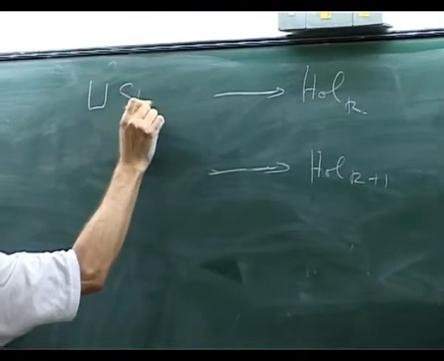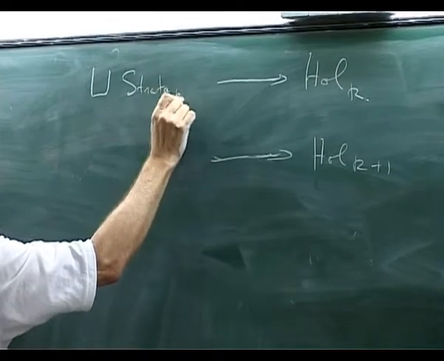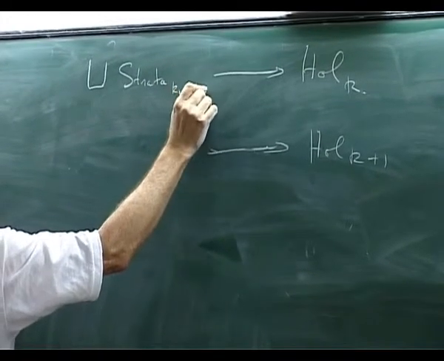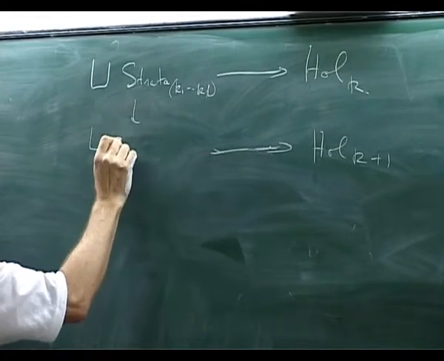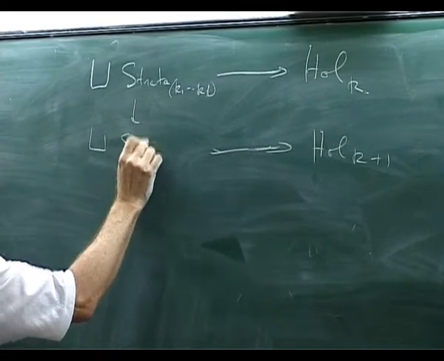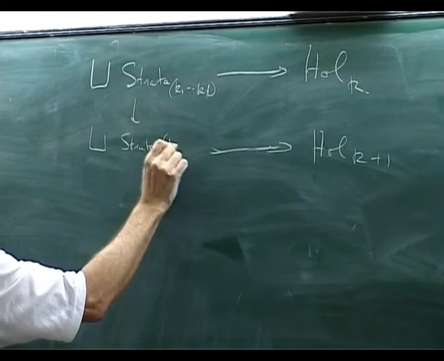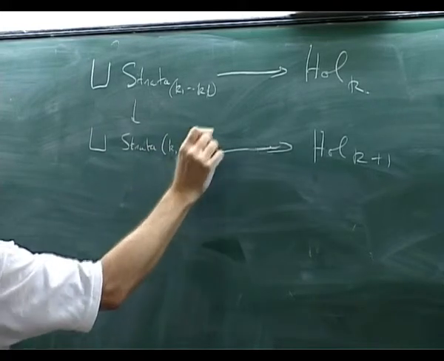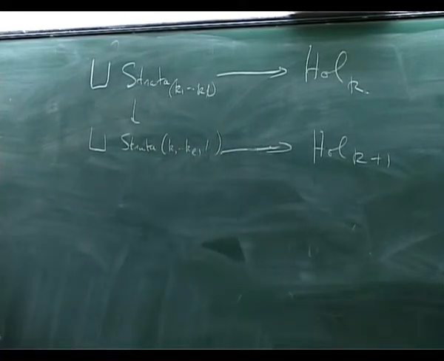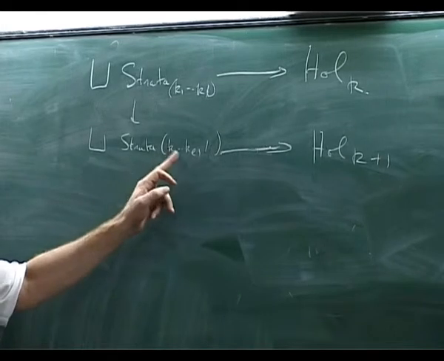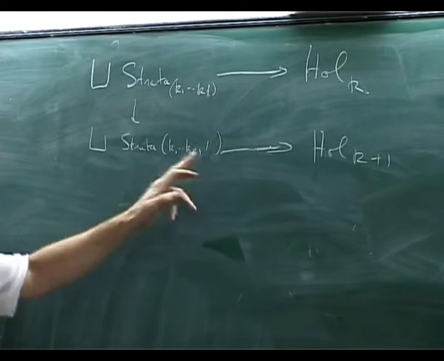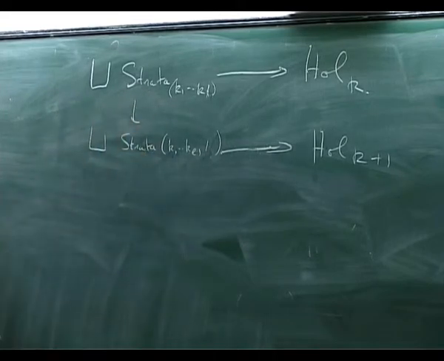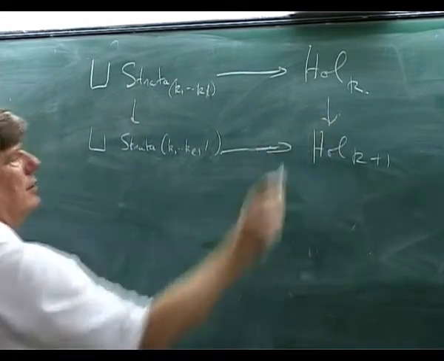The union of the strata k1 to kl is mapped to the union of the strata k1, kl, and 1. Okay, so you've got a multiplicity pattern. These are all vectors, and you're adding in this vector 1, 1, 1, 1. Okay, so you add it in here.